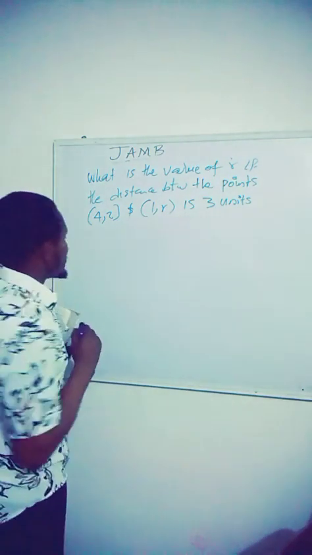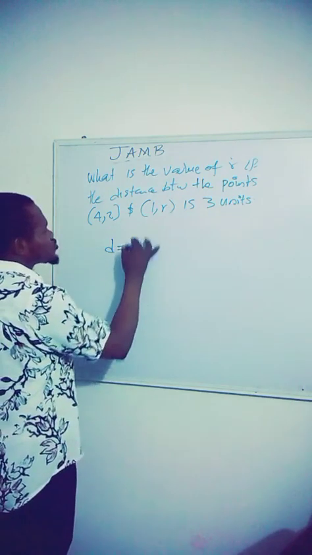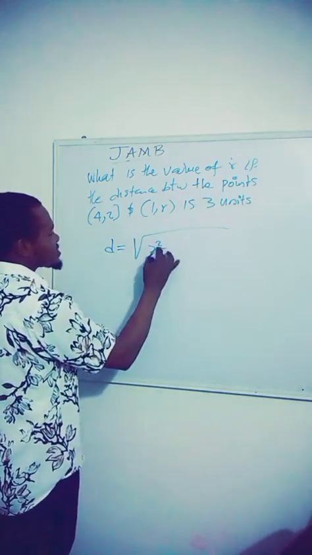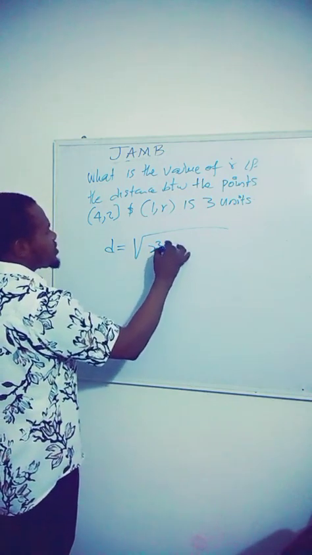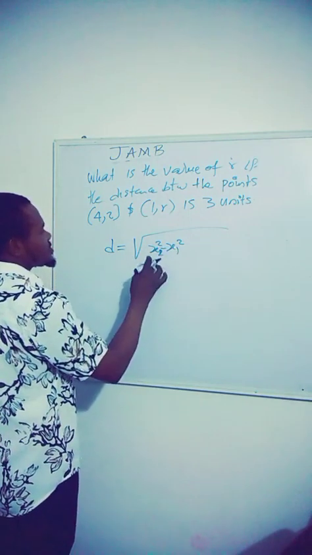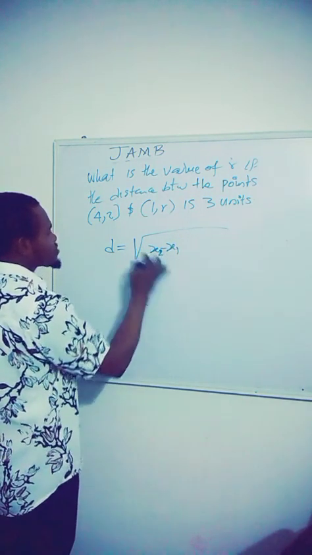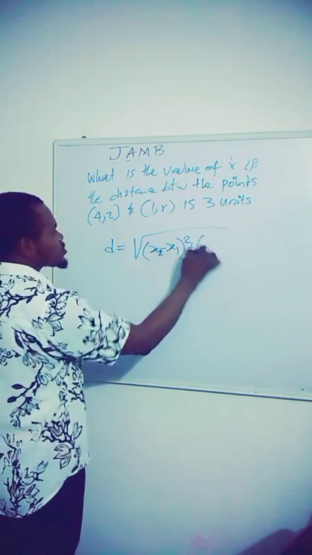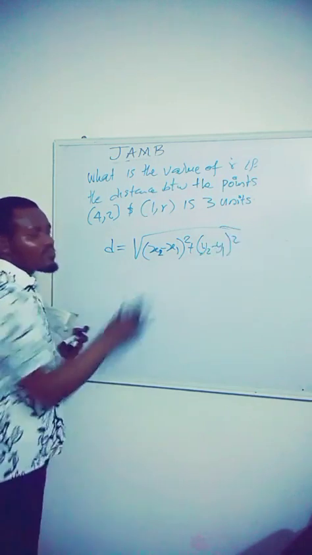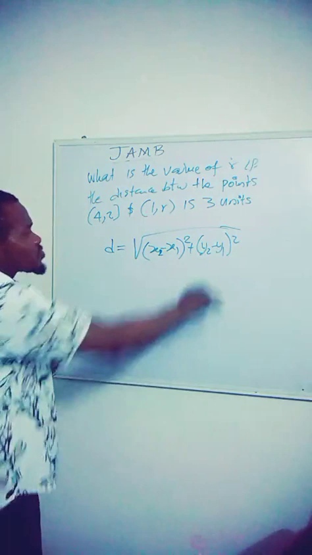The distance between 2 points is equal to the square root of (x2 minus x1) all square plus (y2 minus y1) all square. This is the formula to calculate distance between two points.